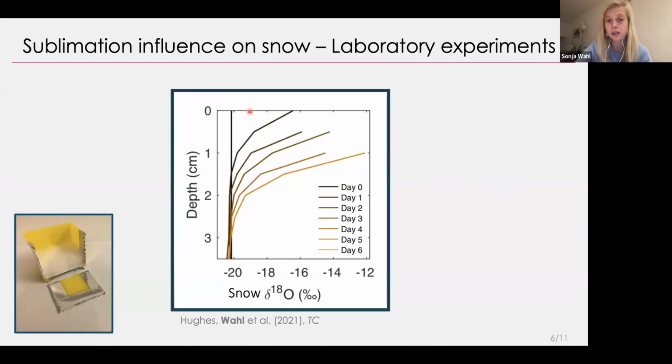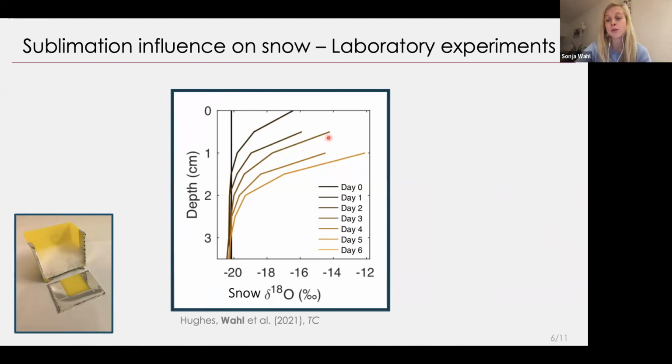So in the beginning, the snow sample has a homogeneous isotope profile. And then with every passing day, this profile changes and the snow surface gets enriched in heavy water molecules or heavy water isotopes.